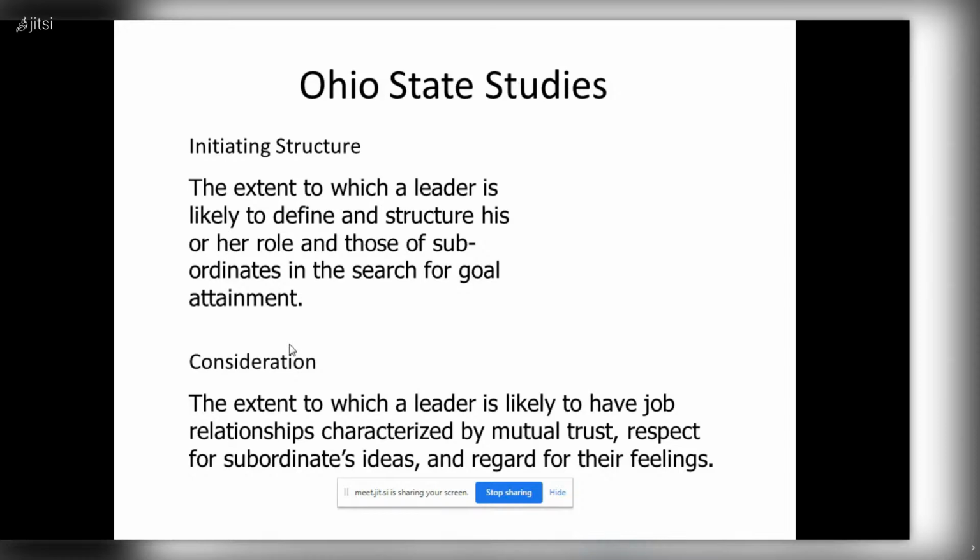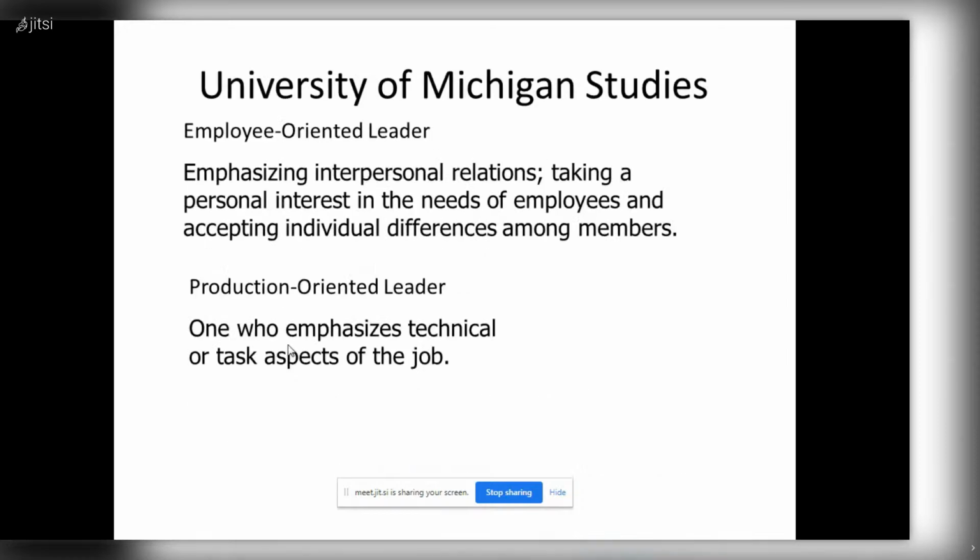So moving to the University of Michigan, the leadership studies conducted here are about the same thing as what was done at Ohio State, right?